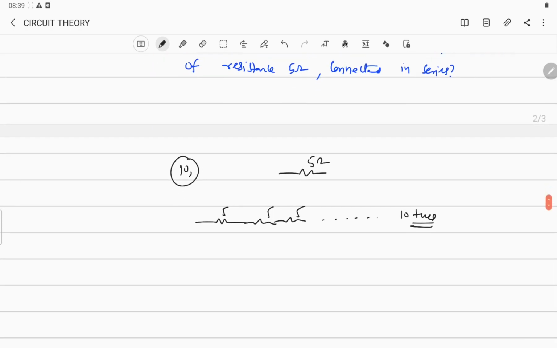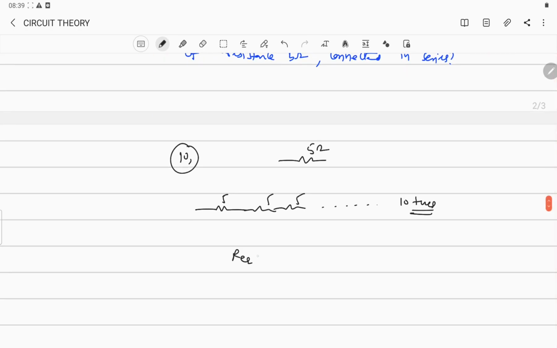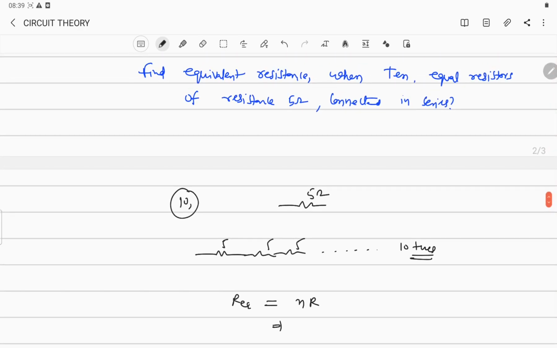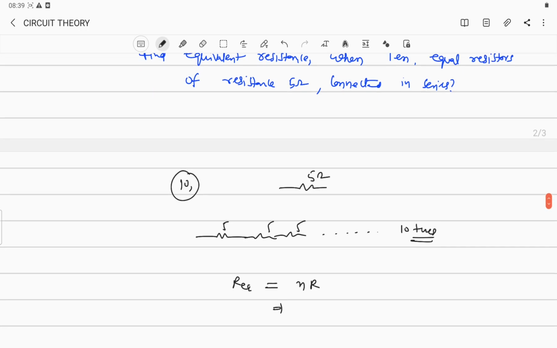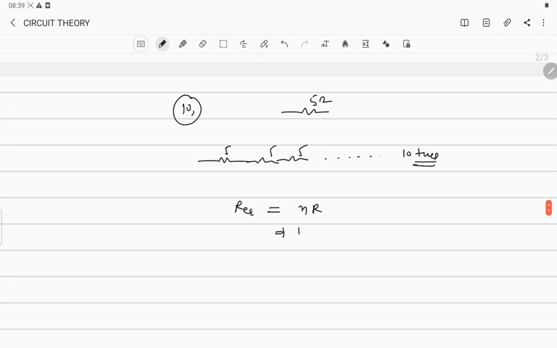We can use the formula directly. When equal resistors are given, R equivalent between any two terminals equals n times R, where n is how many times it is repeating. Here n is 10 and R is 5 ohms. We can directly multiply 10 by 5, which is 50 ohms.